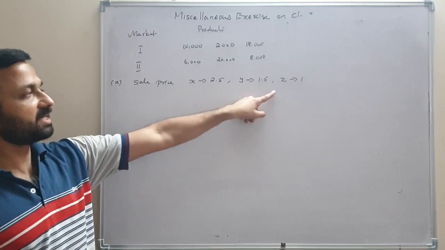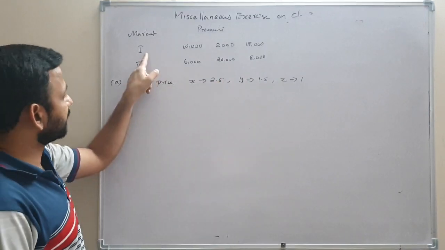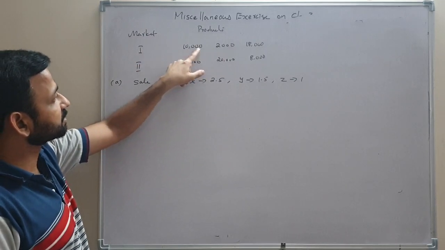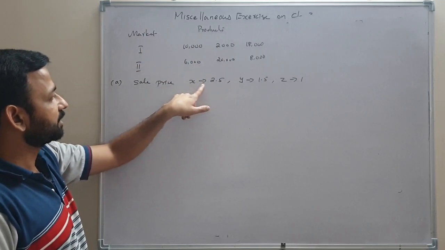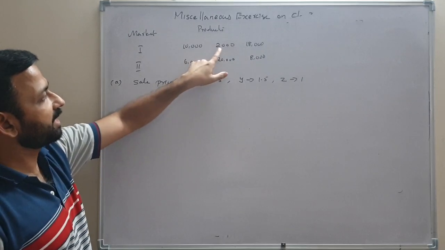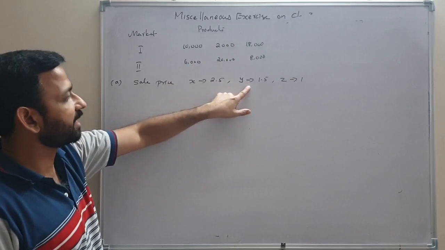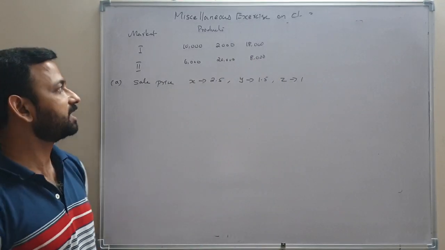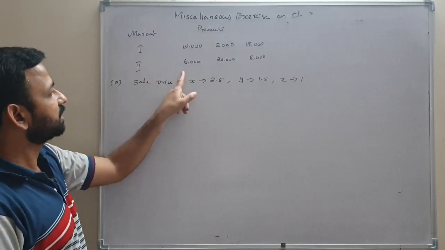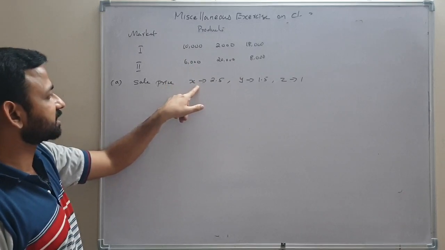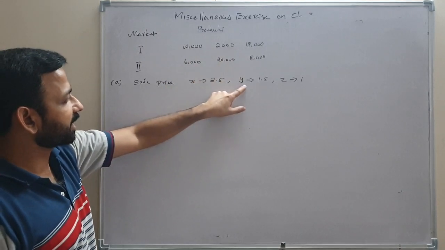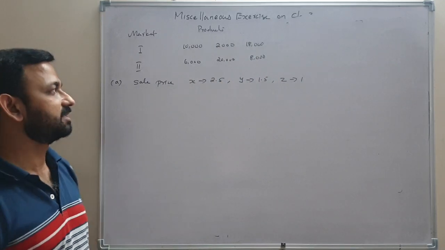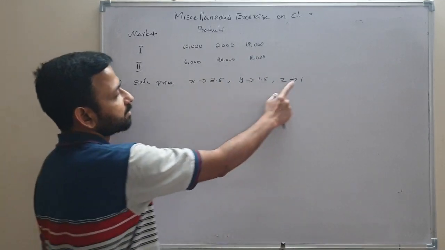In market 1, he sold 10,000 units of product X, 2,000 units of product Y and 18,000 units of product Z. Similarly in market 2, 6,000 units of product X, 20,000 units of product Y and 8,000 units of product Z.